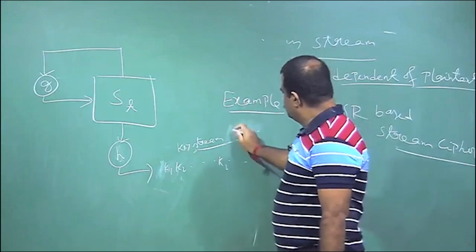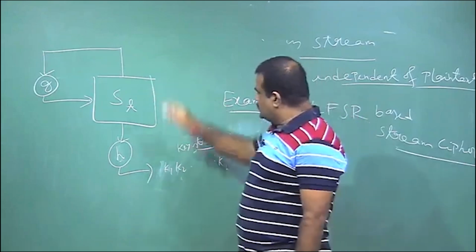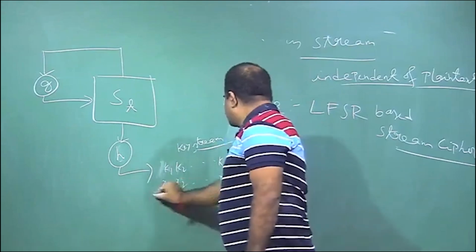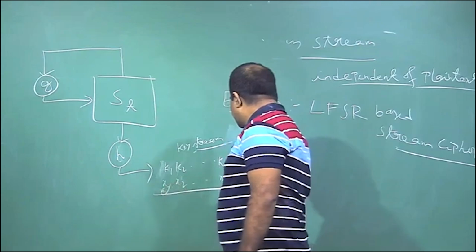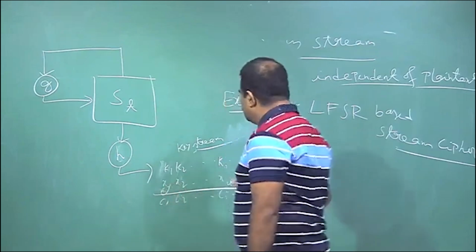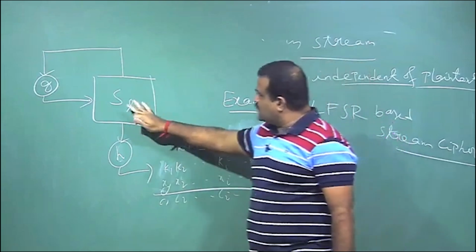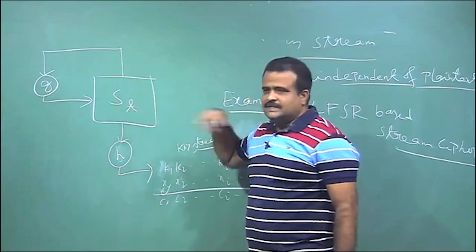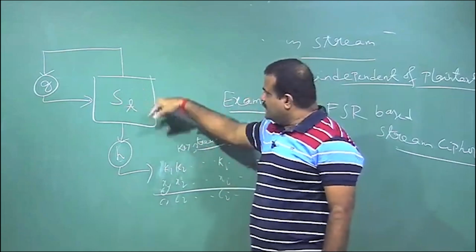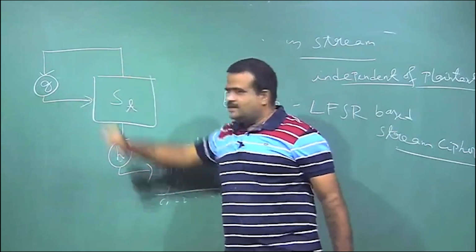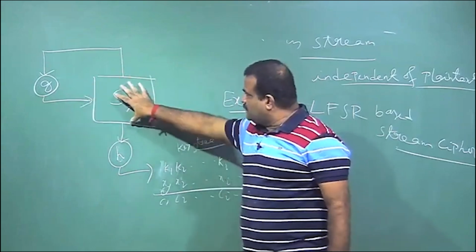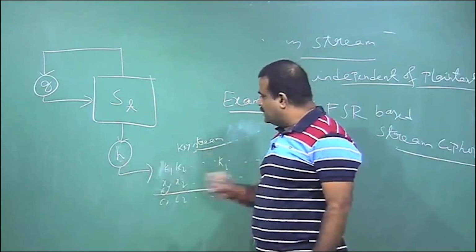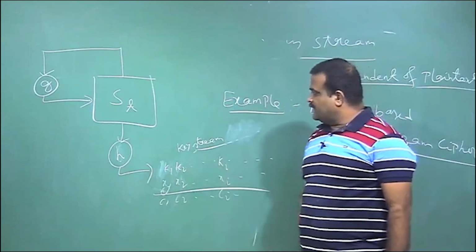We XOR it with the plain text bit to get the ciphertext bits C1, C2, up to Ci. At the t-th time, the state is initialized by the secret key, and every time we update the state by the G function, take the content of the state and apply the function H, we get the i-th key stream bit.